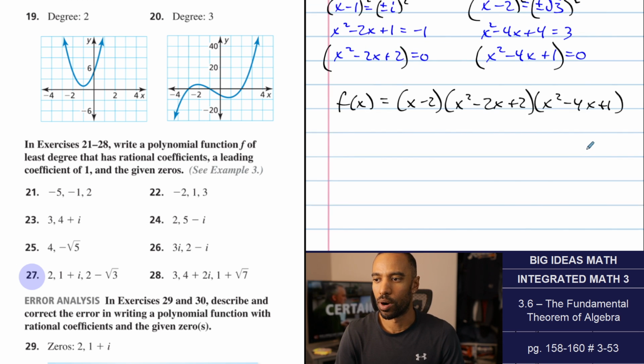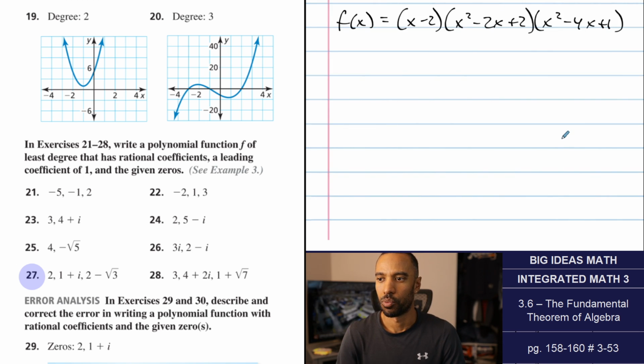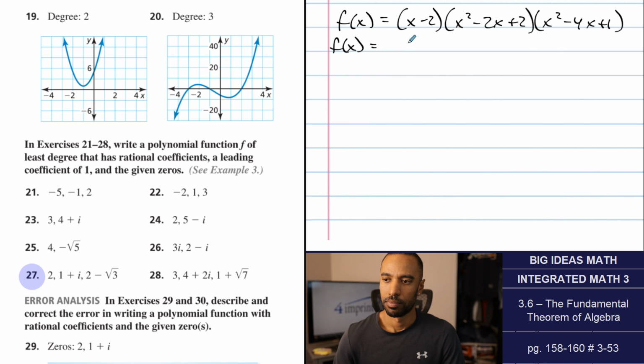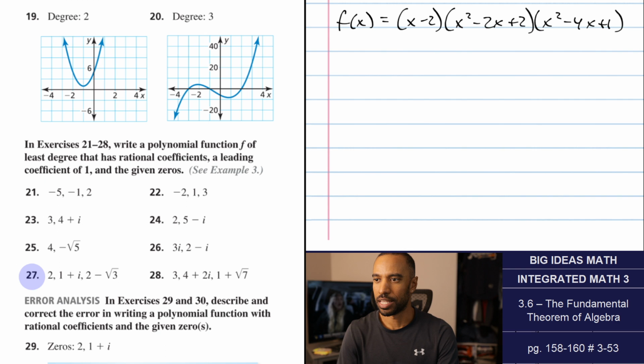So we still have more work to do with this. We're not quite done. Let's go. We're going to do this in kind of multi-stage. Let's use the box method. I think this is quite a bit, so I'd rather box this thing out.